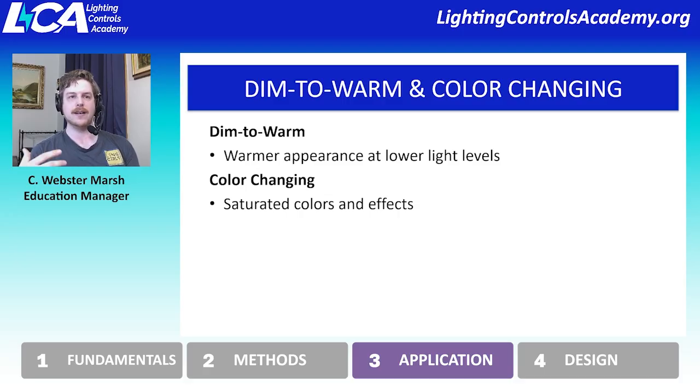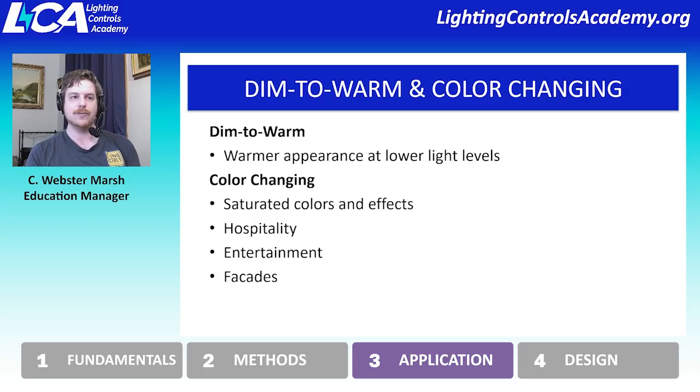Solid red, solid blue, or mixtures of greens and stuff. All of that is possible with color changing lighting, and we're seeing it in hospitality, entertainment, or facades, where we have this sort of aesthetic that we're trying to go for. It's not a good source for task illumination, but it is a really great way of creating variety within the space using light.